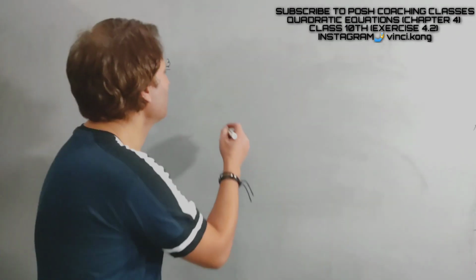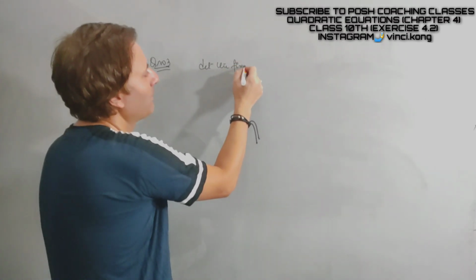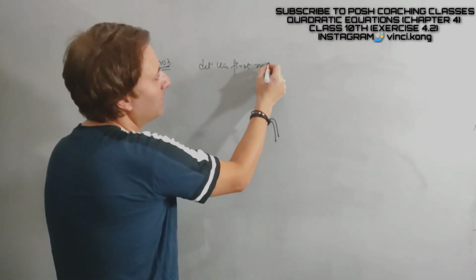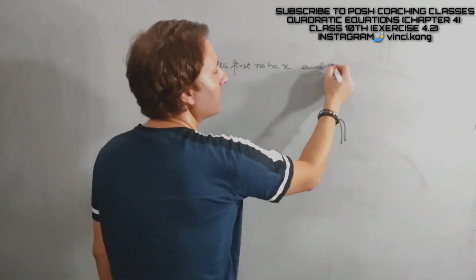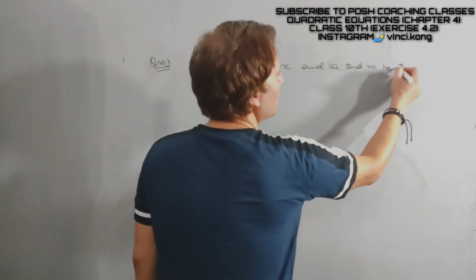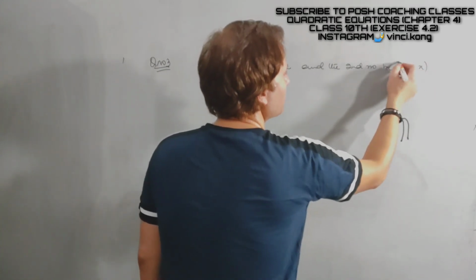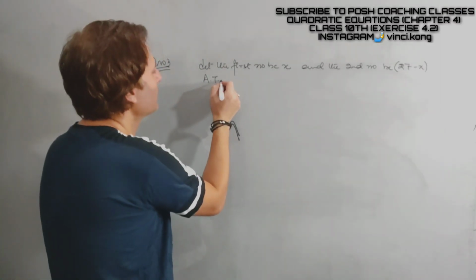So let's take the numbers first. I'll say let the first number be x and the second number be 27 minus x. Okay, so these are the two numbers according to the question.